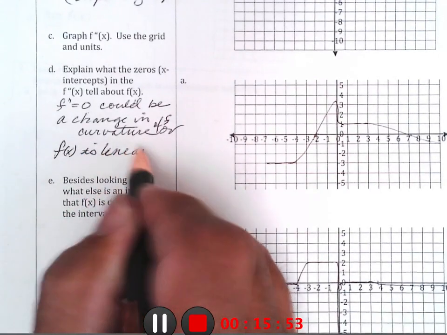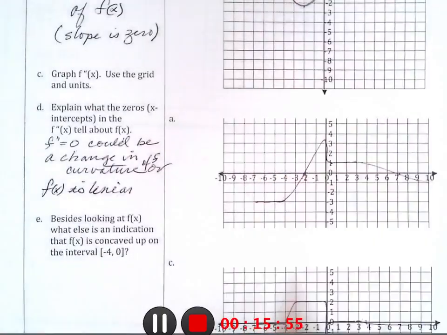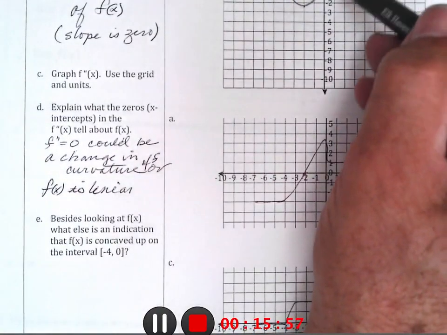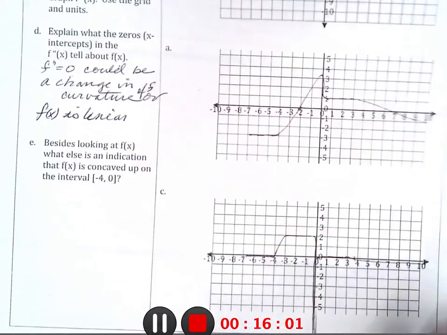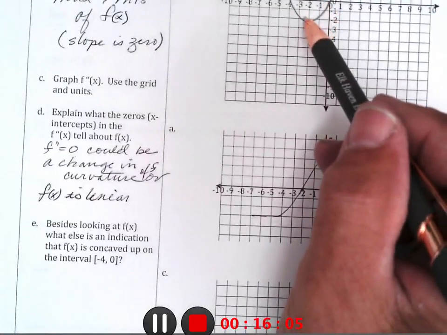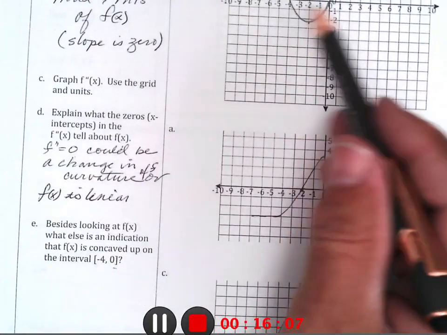Wherever it's a fairly straight line, this is 0. Wherever it's a straight line-ish, it is 0. And how do I know that this is curved up from -4 to 0? The second derivative is positive.